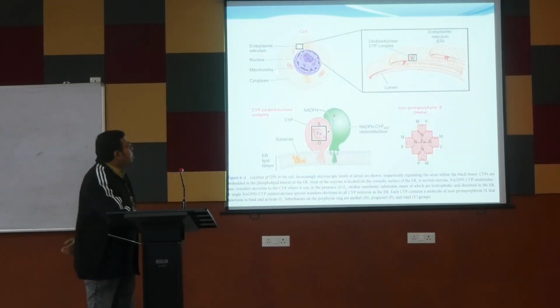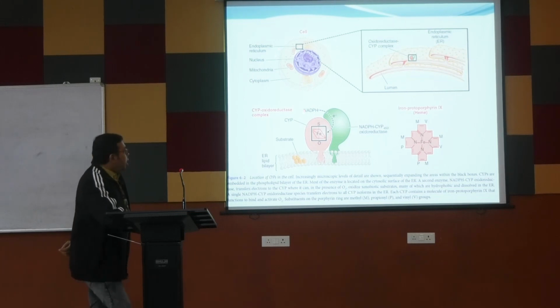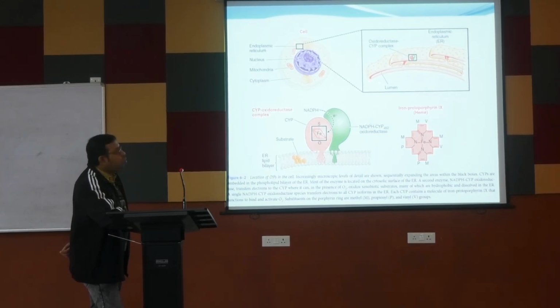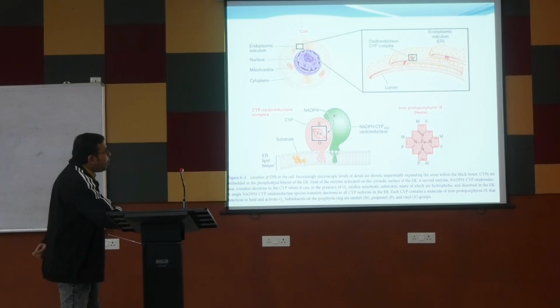Okay. So you can see this is a cell showing the location of the cytochrome P450. You can see the endoplasmic reticulum, nucleus, mitochondria, cytoplasm etc. Now if we broaden the endoplasmic reticulum, within the wall of the endoplasmic reticulum you can see the oxidoreductase cytochrome complex is present, in the phospholipid bilayer.